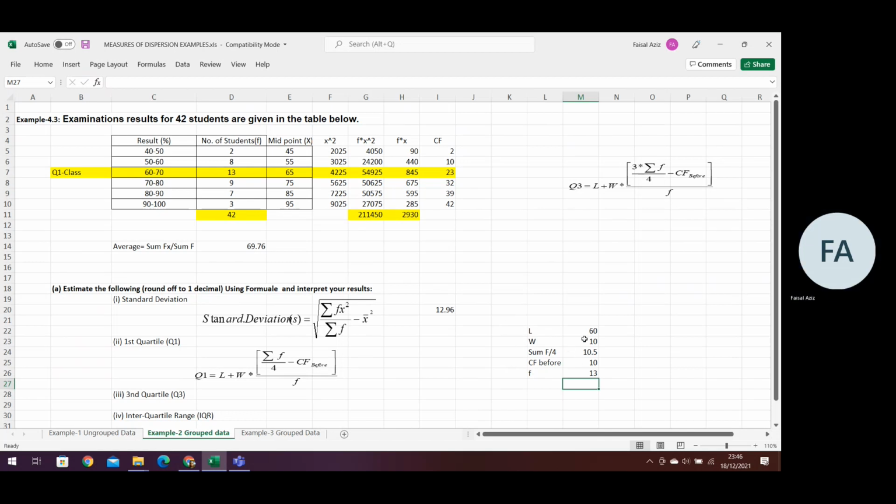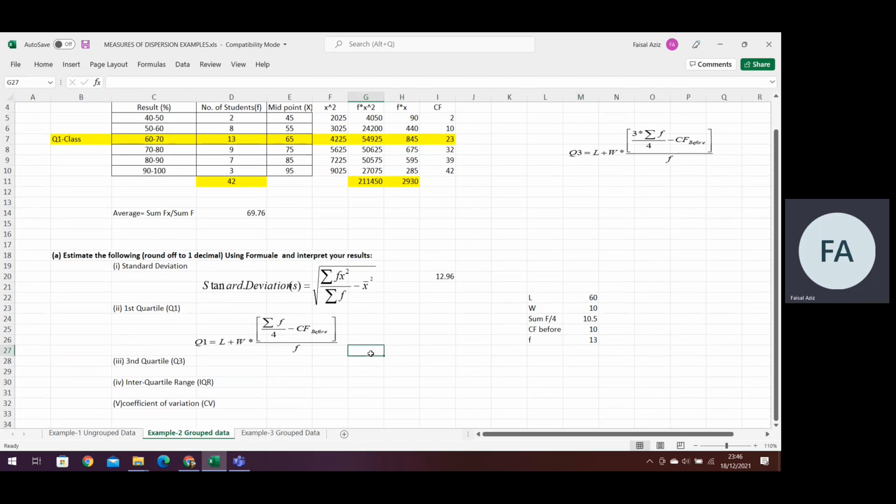So after mentioning all the values in front of the required variables, we can apply the formula.